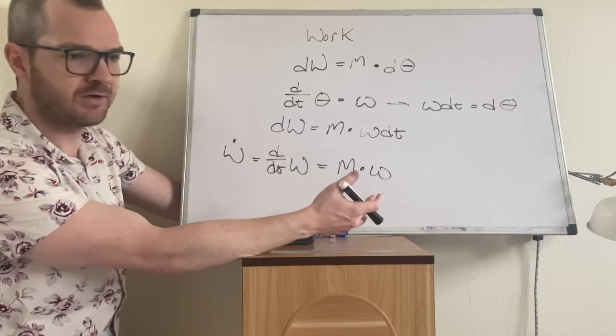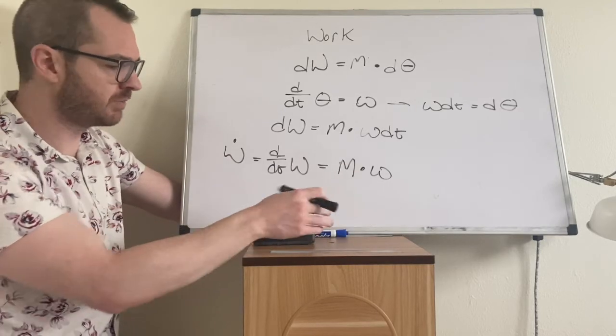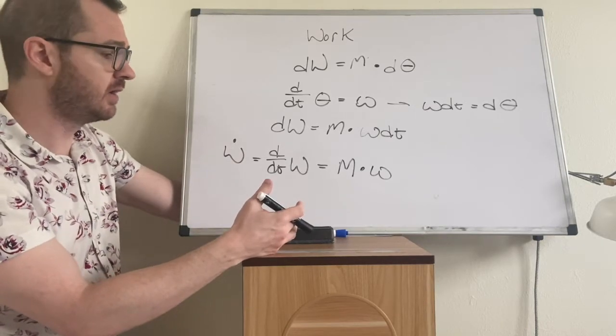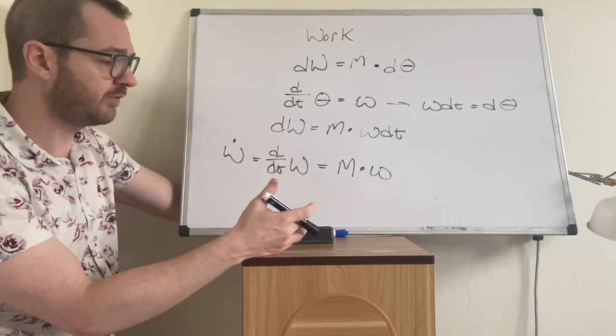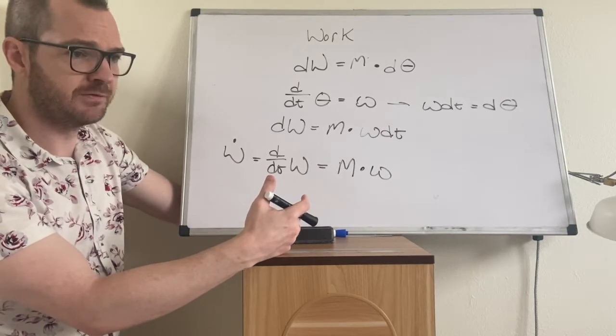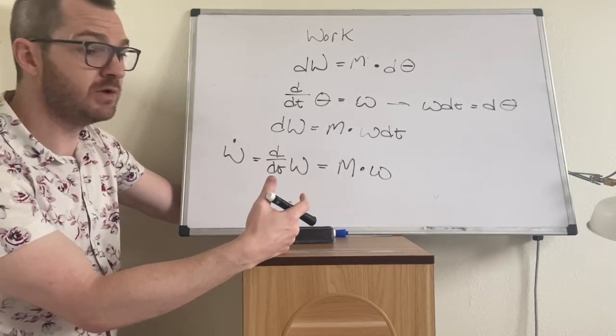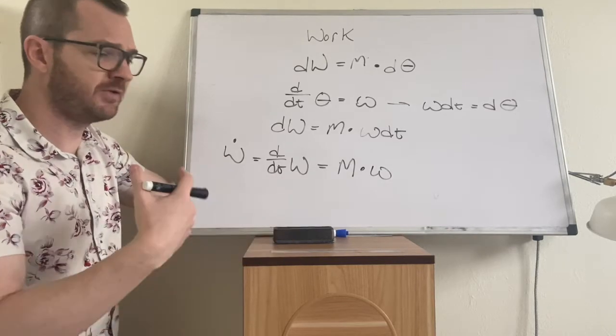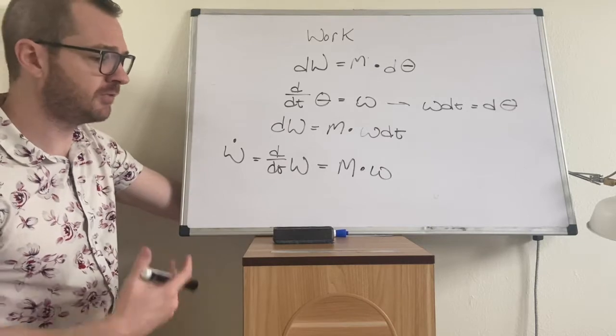Suppose that we have an industrial turbine used in energy production. We have some energy source, maybe sunlight from solar panels, maybe fission of heavy elements like uranium. It could be fusion of light elements like tritium and deuterium. We generate some heat, and that heat is used to boil water.